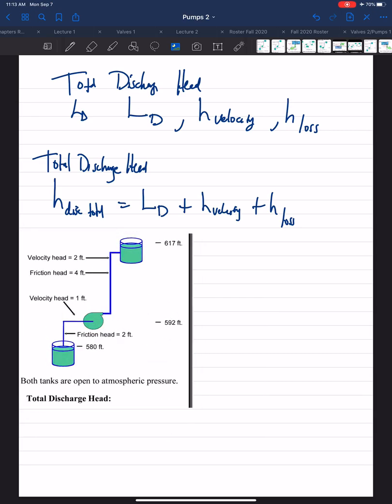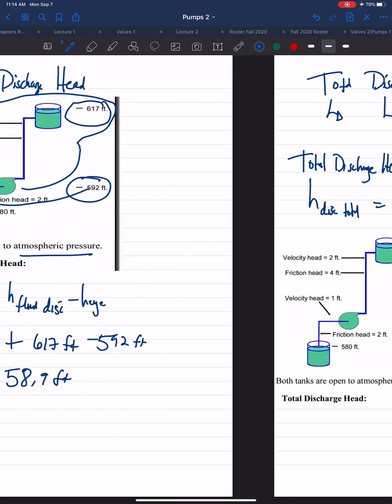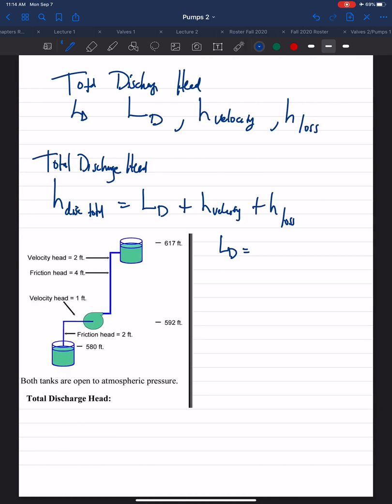So if we calculate our total discharge head for this system right here, recall in the previous example, we've already calculated our static discharge head to be 58.9 feet.